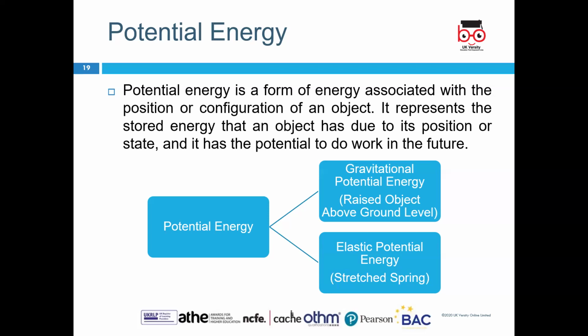It can be either gravitational potential energy, where an object is raised above the ground level, or elastic potential energy due to a stretched spring. So there are two types of potential energy: one is gravitational potential energy and the other is elastic potential energy.